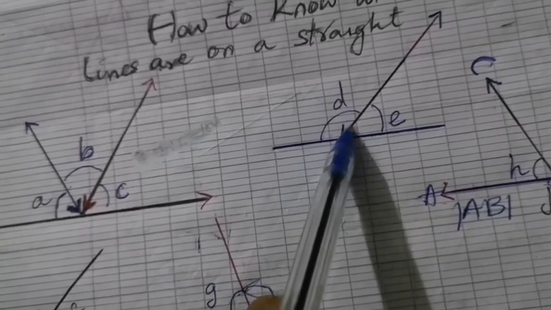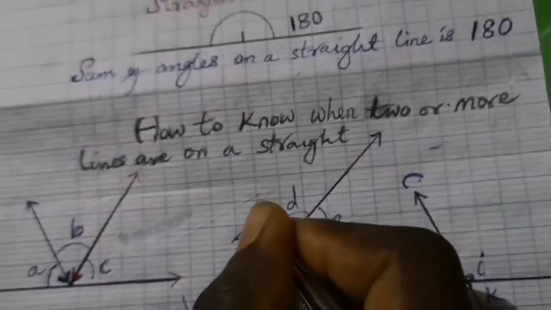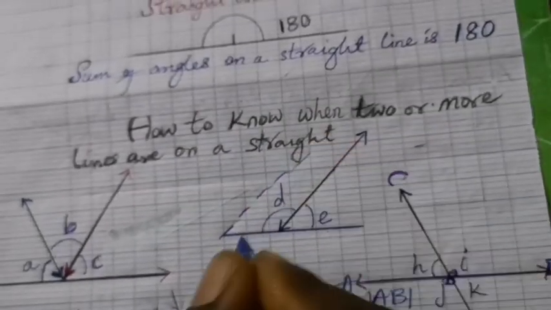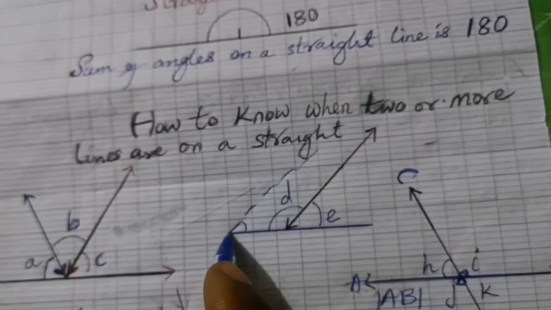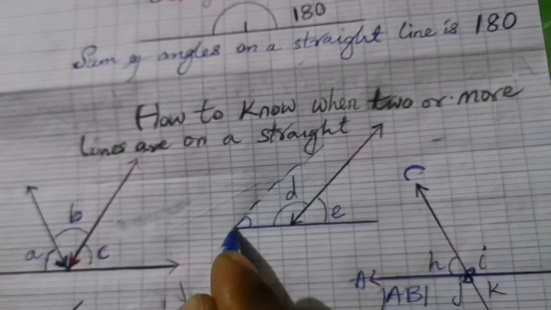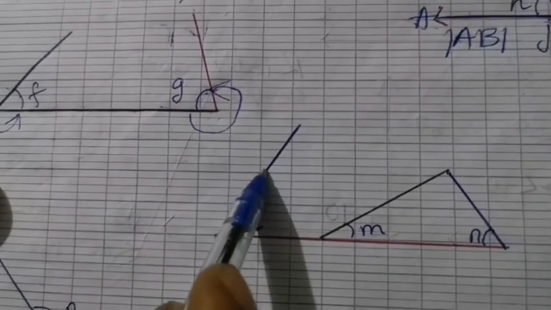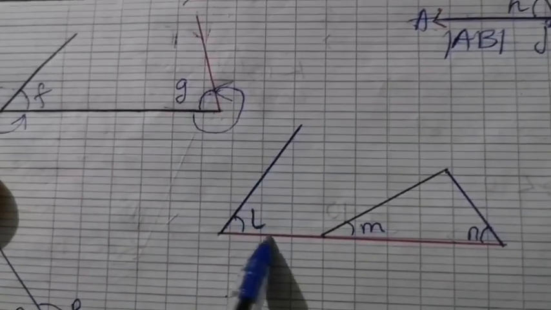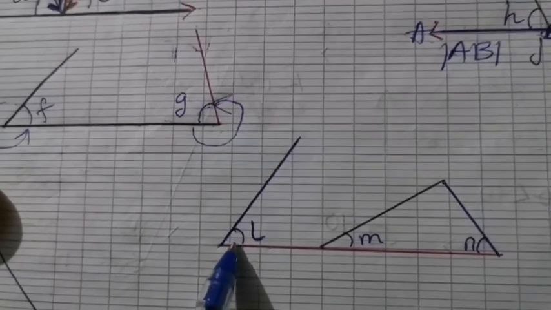But if this line is touching this one at this point here, it will no longer be angle on a straight line. Instead it will be angle at a point. So let's look at this one. This line and this line that form angle L are angle at a point, not on a straight line.